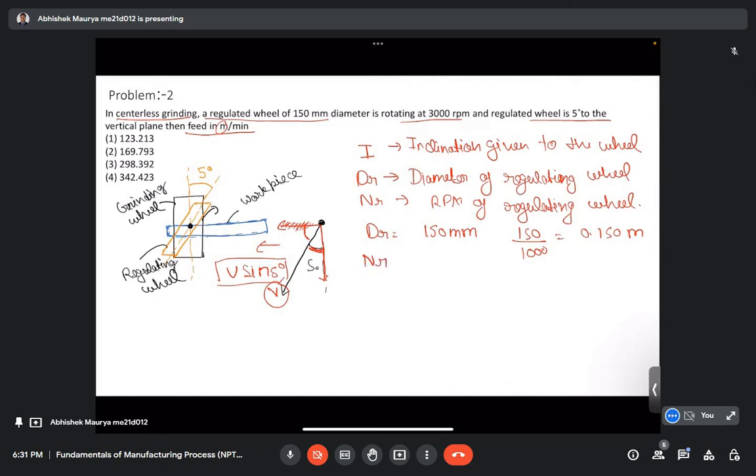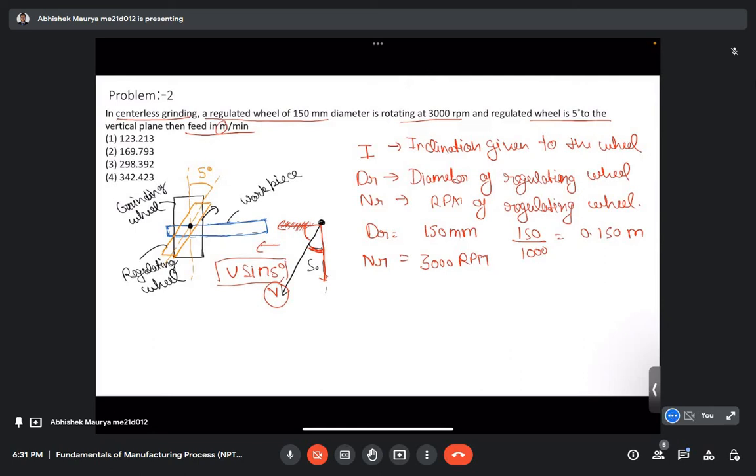And the rotational speed is given as 3000 RPM. Now we have to find out the feed in meters per minute.